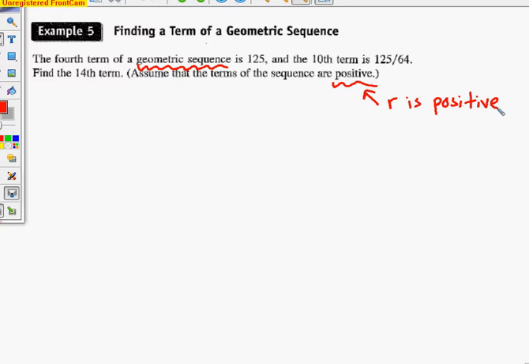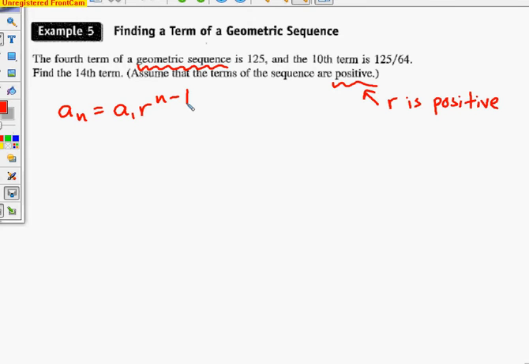Okay, so here's what I will do. I will find the ratio by using that formula, a sub n equals a sub 1 times r to the n minus 1. So here's my formula. However, we're not given the first term.